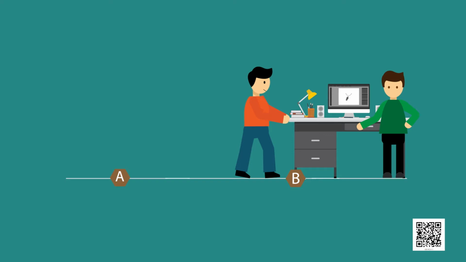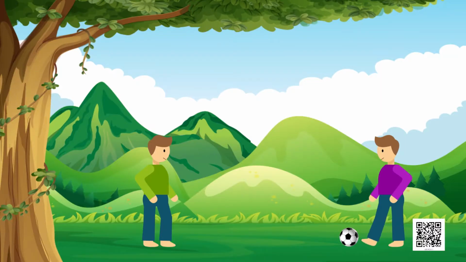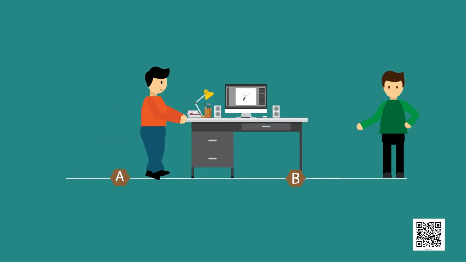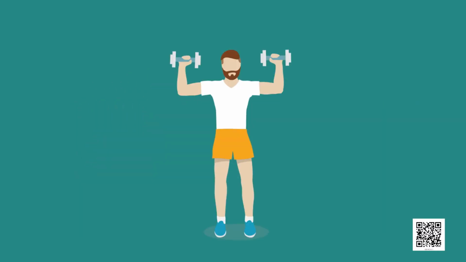If you are picking something from the table, it also means that you are applying force on that thing to lift it up. So, dear students, kicking, pushing or lifting things are the different ways of applying force.